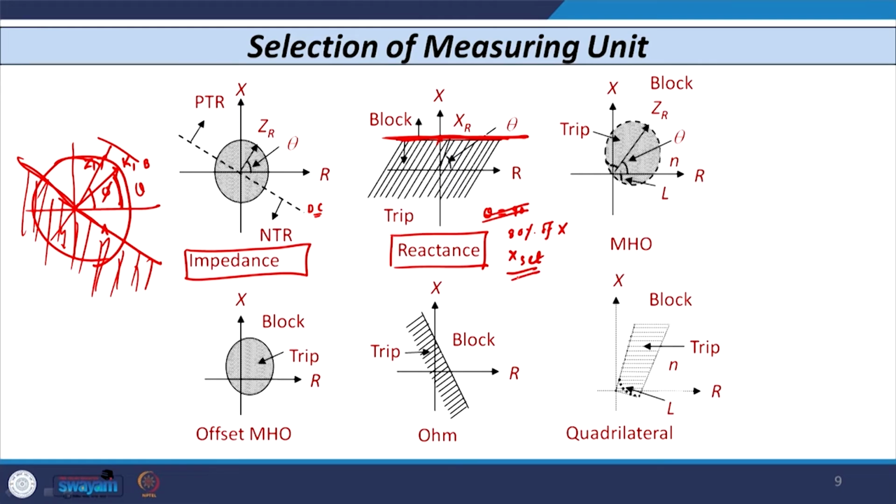The reactance relay is normally used for short transmission lines. When we have a feeder whose length is very small, at that time we can use the reactance relay, because in that case the fault impedance is very high. If I use a reactance relay, then there is no effect of fault impedance on it.